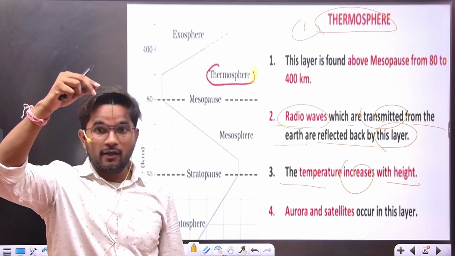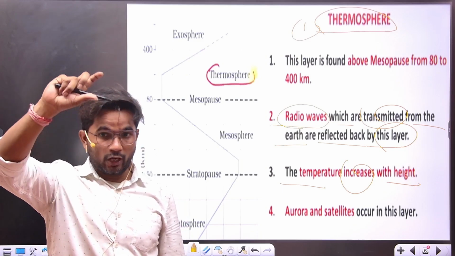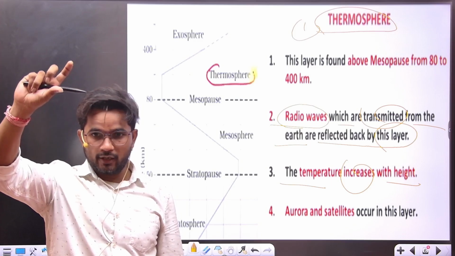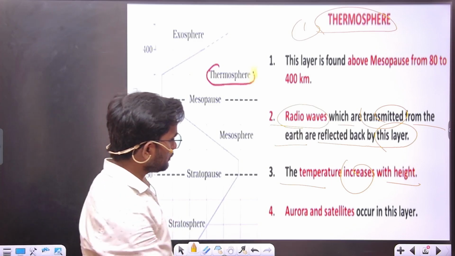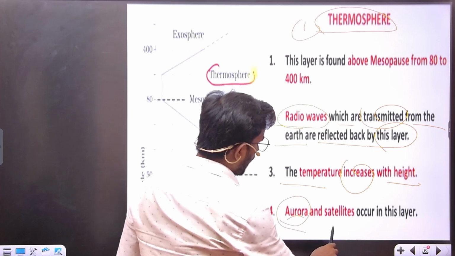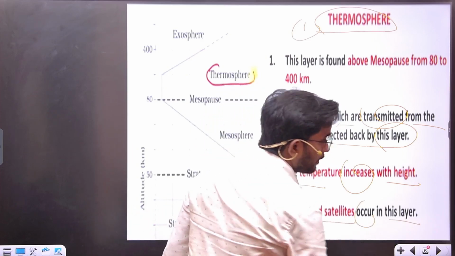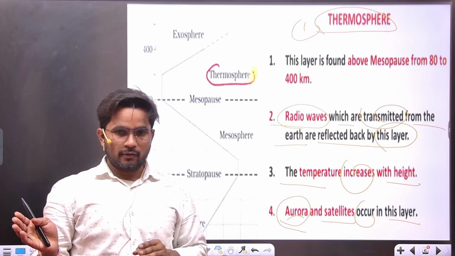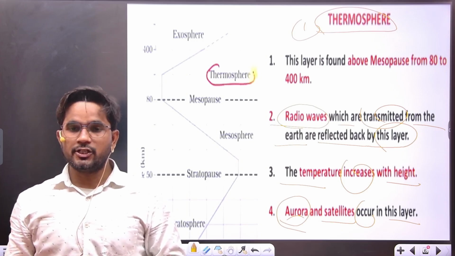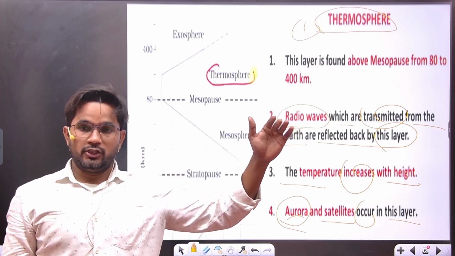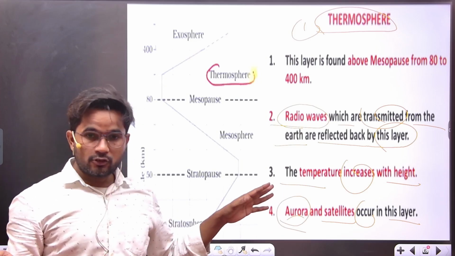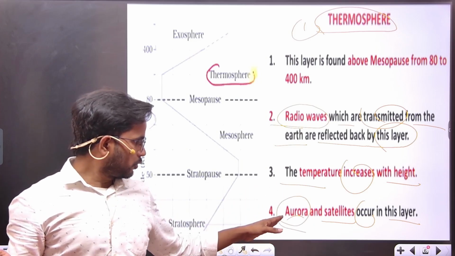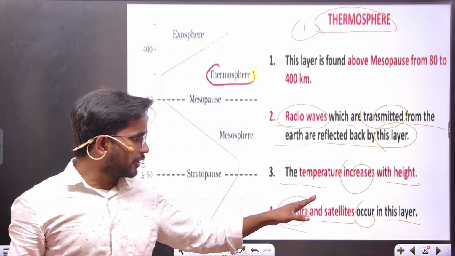In this area meteors are found, understand? Aurora and satellites occur in this layer. Our scientists go to this area to establish satellites. So aurora and satellites occur in this layer.